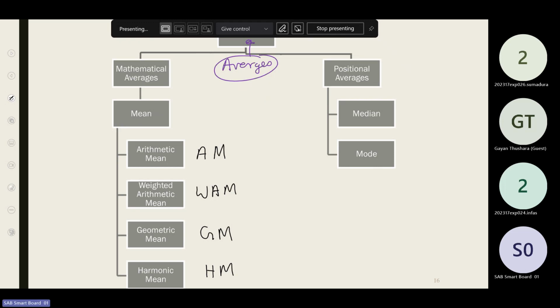So central tendency means types of averages defined in statistics. Averages can be classified into two, mathematical and positional. Under this, we have the mean, different types of means defined. Now we'll go into the arithmetic mean in detail.